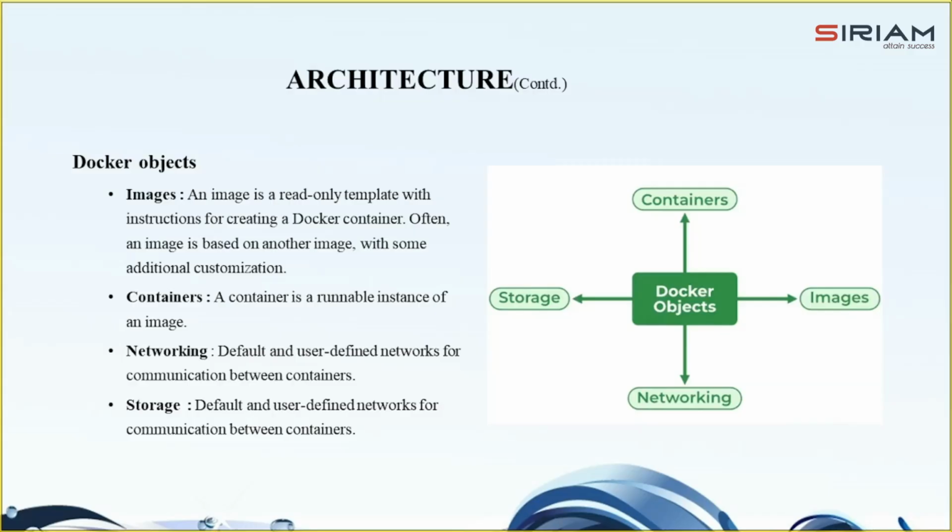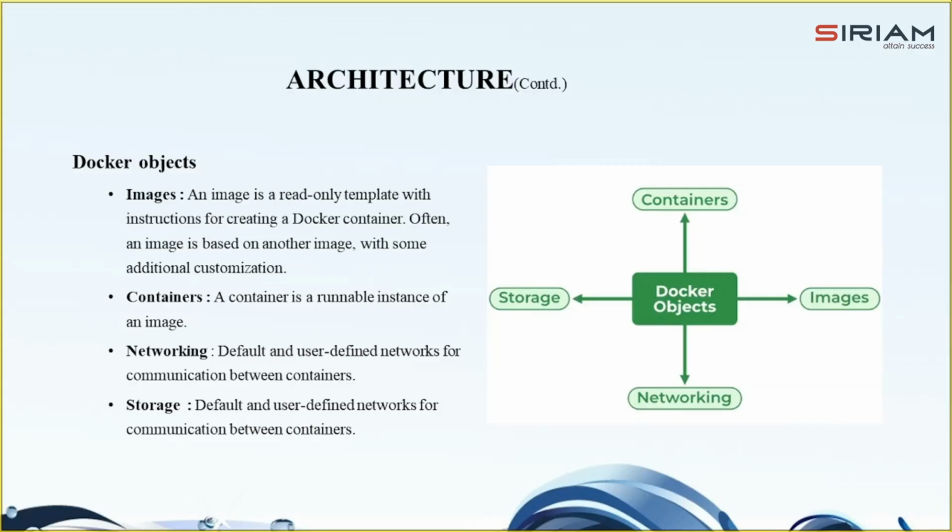And if we talk about image specifically, you can think of Docker images as ready-made blueprints for building containers. They are like recipes that tell Docker how to create and run your applications. These images are read-only templates written in a special code format, and they contain all the necessary instructions and data needed to set up your application.